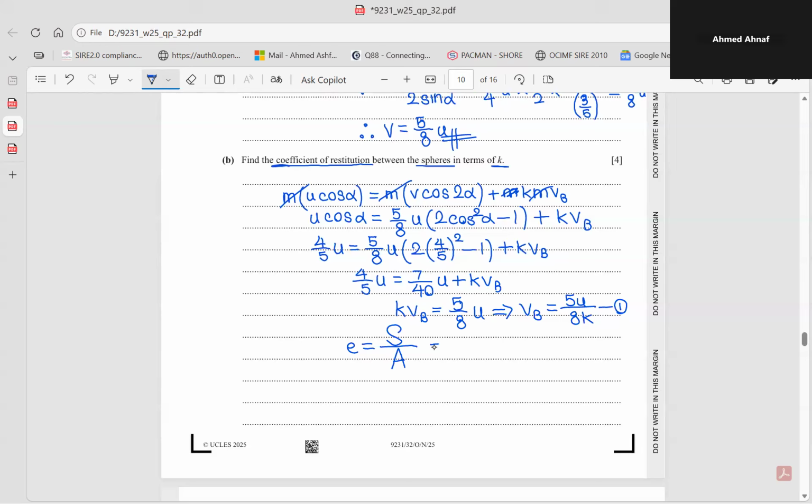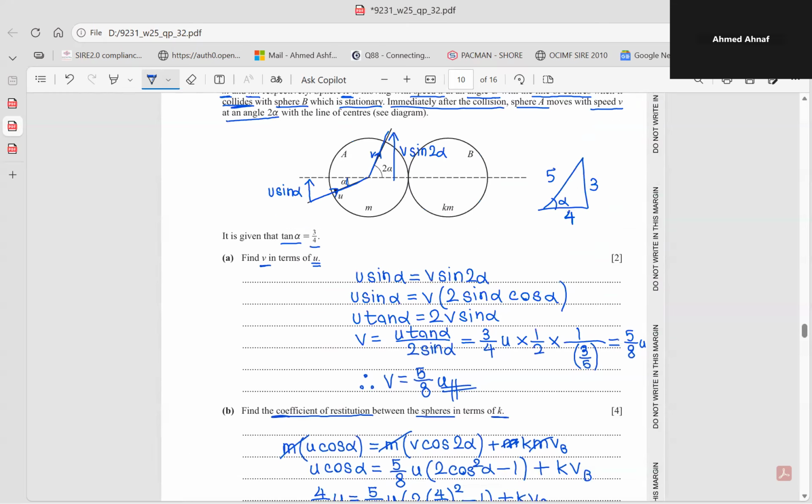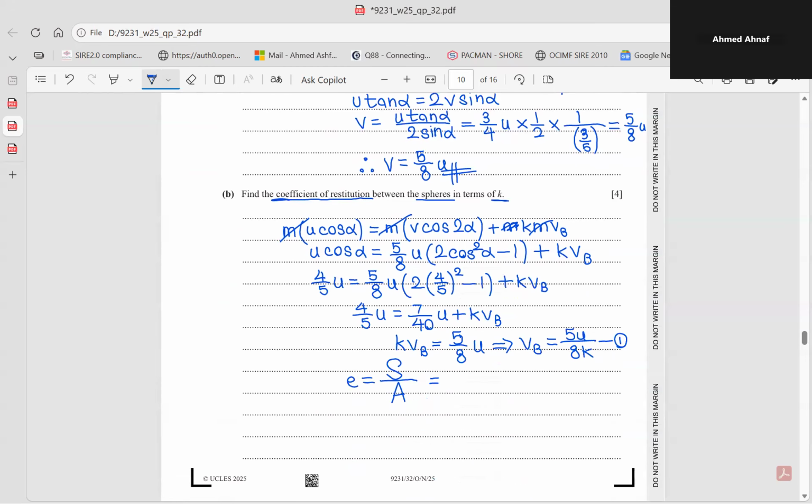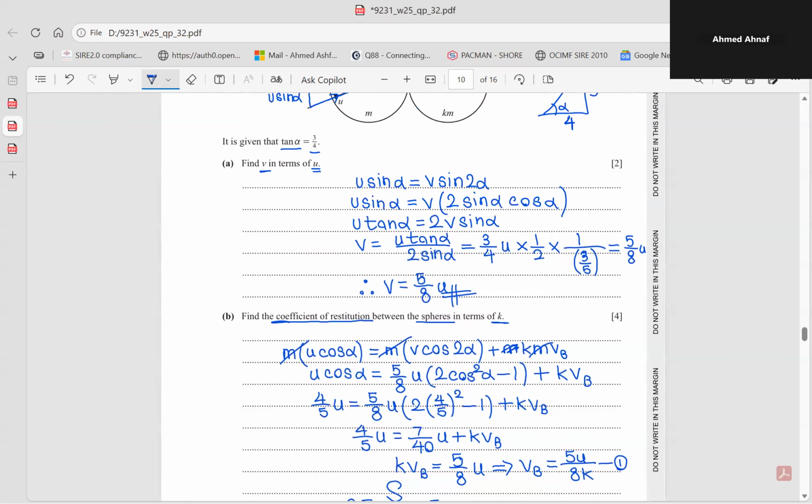The relative speed of separation we can take as the difference between the final velocities of the two particles, say the final velocity of B, VB, minus the final velocity of A, again the horizontal velocities. Depending on whether they are in the same direction, one of them has to be negative.